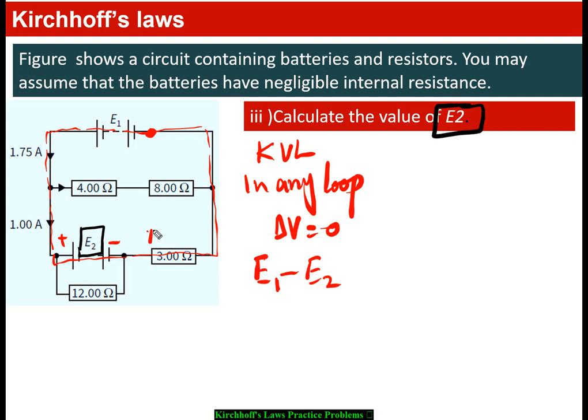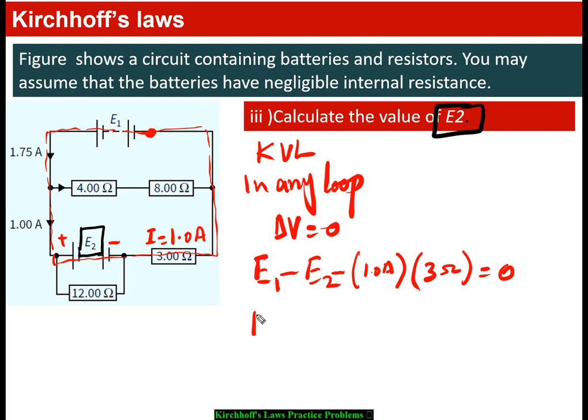And again, when we go in the direction of current, the current through the 3 ohm resistor is 1.0 amps, so the voltage will drop when we cross this resistor. So it is minus 1.0 amps times the resistance of 3 ohms, and it has to be equal to 0, as in any loop.